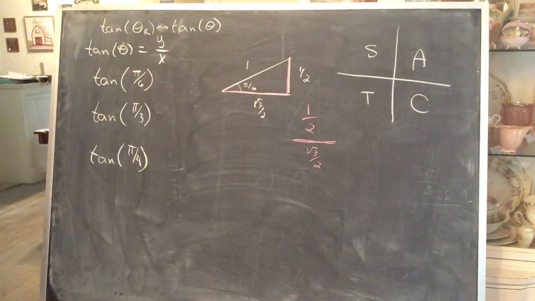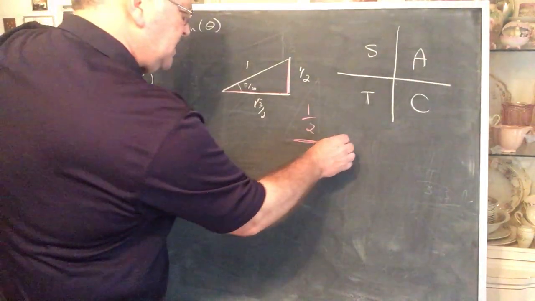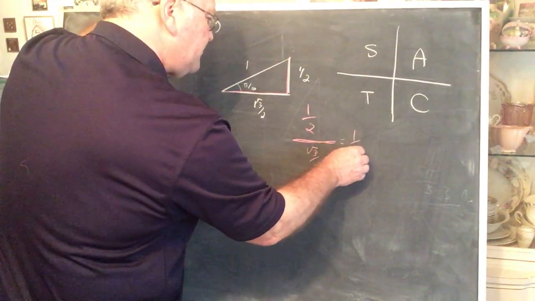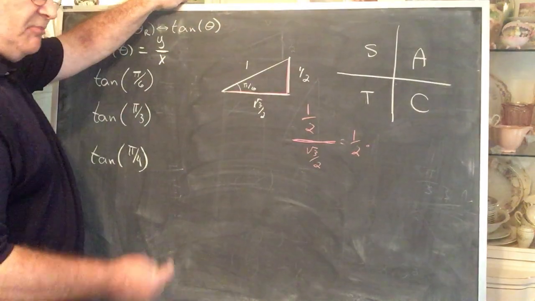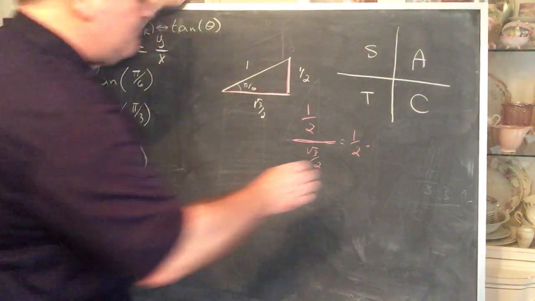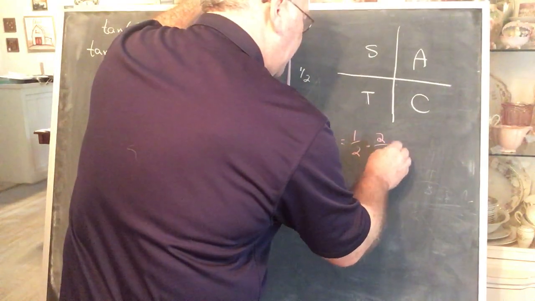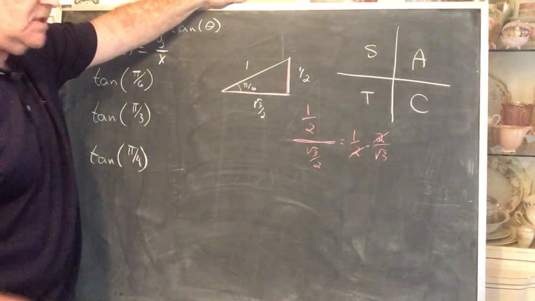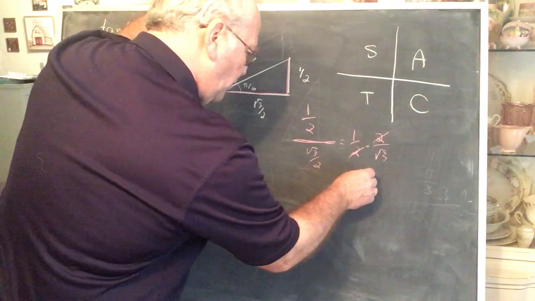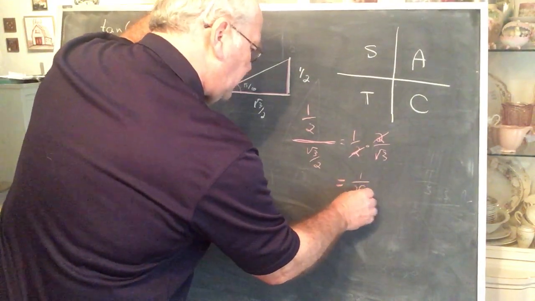But of course now this is a complex fraction and we do need to simplify that, but that is the same thing as 1/2 multiplied by the reciprocal, and something happens every time. This becomes 2 over the square root of 3, and the 2's cancel. We're left with 1 divided by the square root of 3.